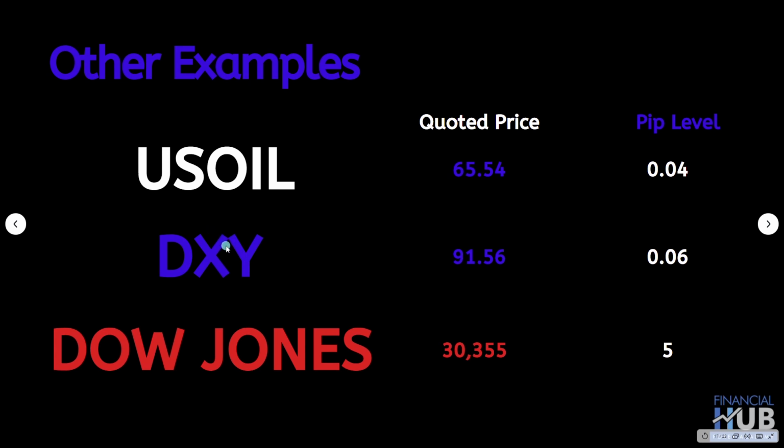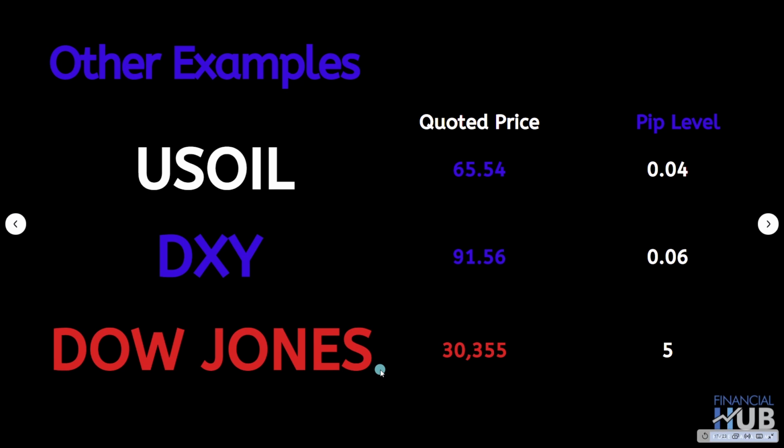You'll see more of this when we start going into the charts, but this is just an introduction to give you an understanding of how we count the pips. So 65.54, same thing, we take the 4th as the decimal, okay? So 1, 2, 3, 4, which is the 0.04, that is where we start counting our pip level. Dollar index, same thing, 91.56, we take the 0.06, okay?